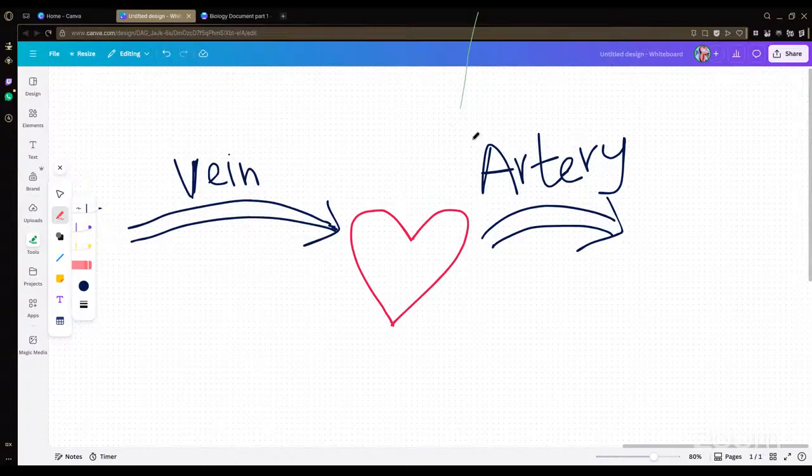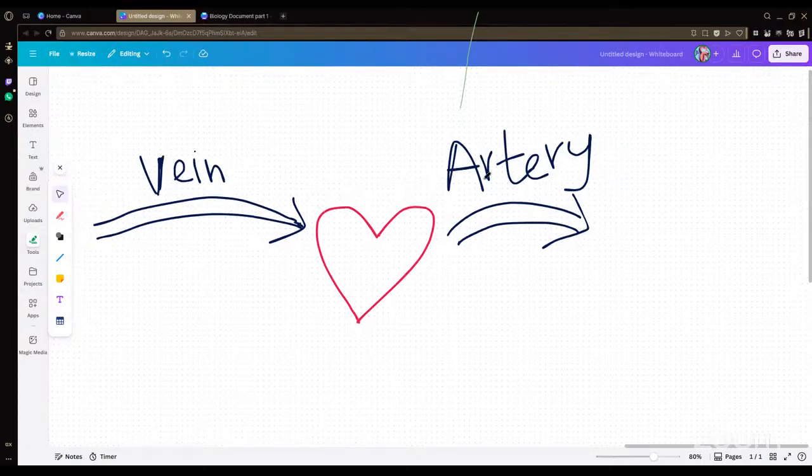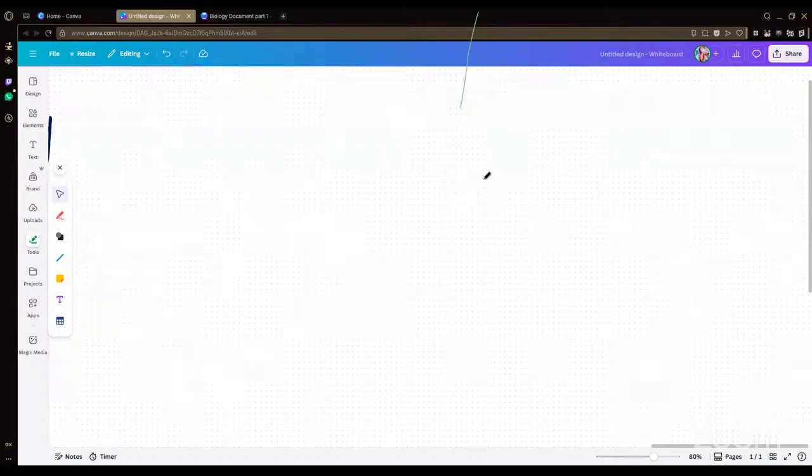Okay, so anything that supplies blood to the heart is called a vein, and away from the heart is called an artery. Okay, now let's come back to this. I'm going to have my heart here, and I'm going to draw my lungs in, in this color, orange.